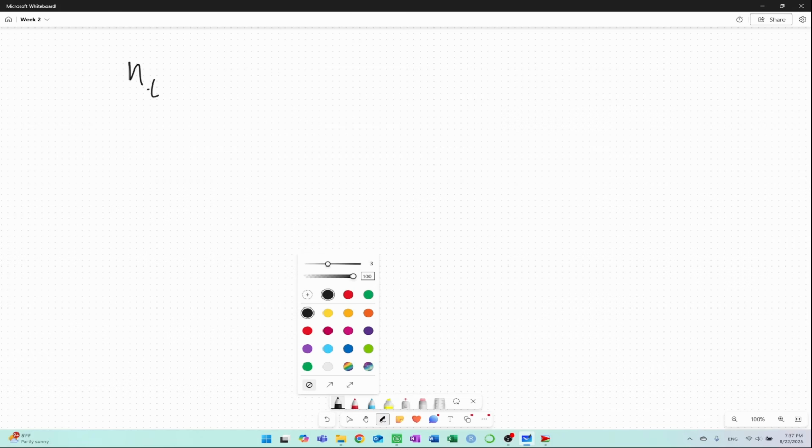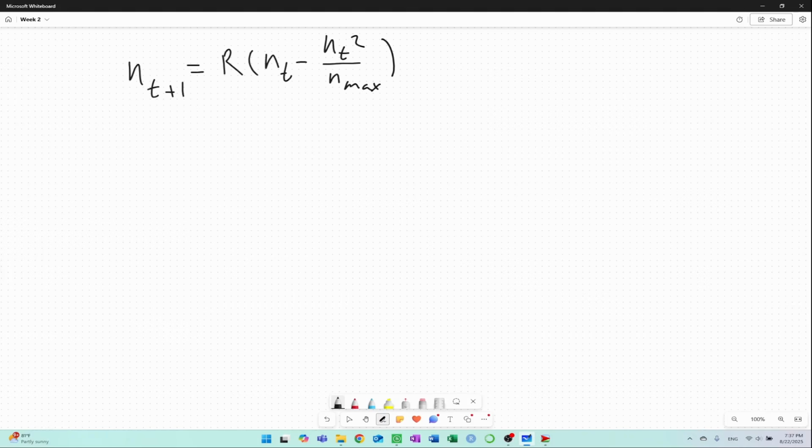N sub t plus 1 equals r times n sub t minus n sub t squared divided by n max. This was the formula that we were using.